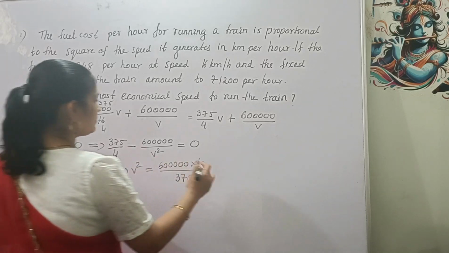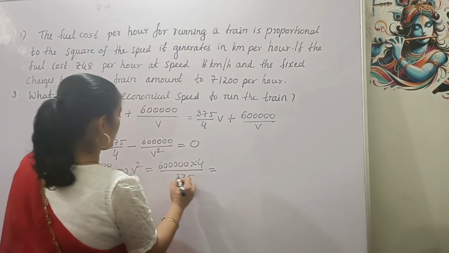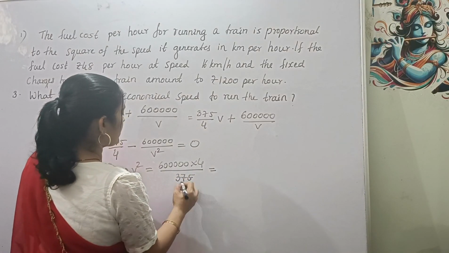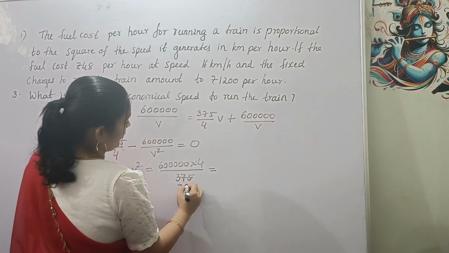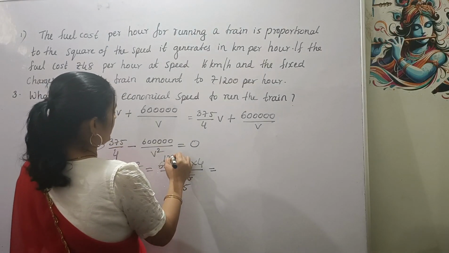Reduce it. 5 7s are 35, 5 5s are 25, 5 12s are 60.